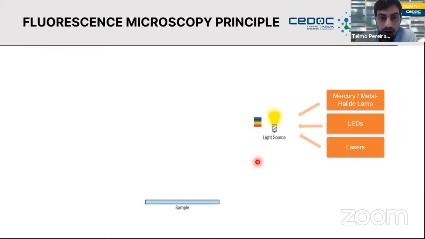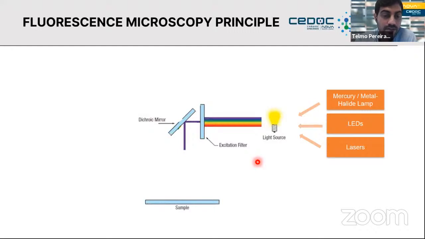When we want to excite our sample, and you saw previously that there were differences between exciting our quinine molecule with one excitation light or another, the wavelengths can differ. So usually you want an excitation filter to block the light that is not important to excite your sample, and only let the light that is of interest go through this filter.